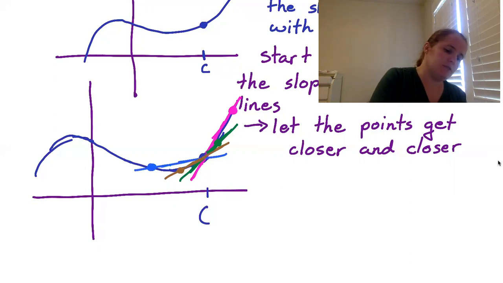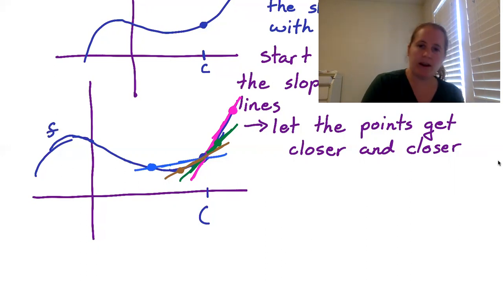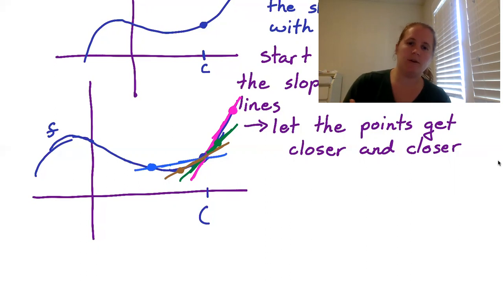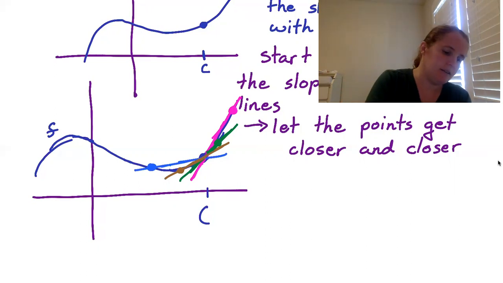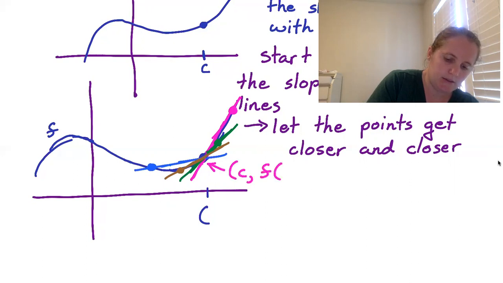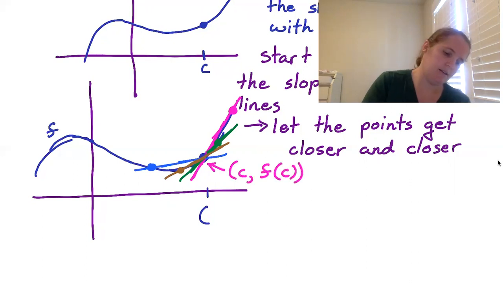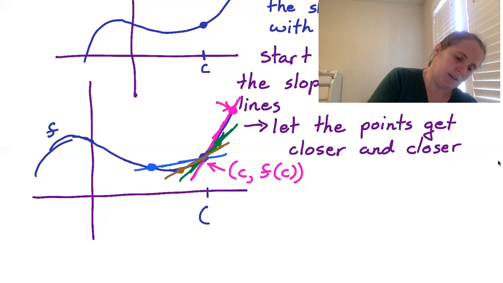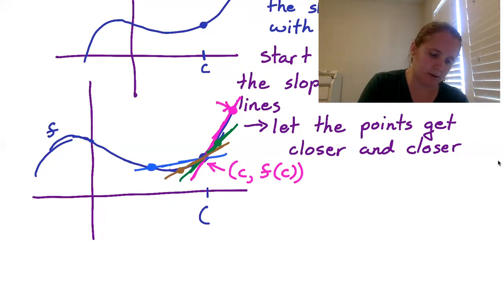So if this function is the function f, then we have a series of points. Let's go ahead and use the pink line. So this point here is the point C, f of C. And this point here, we're going to do kind of what we did earlier.